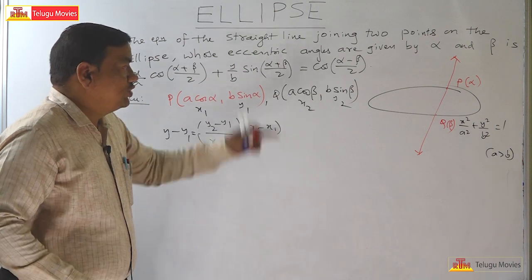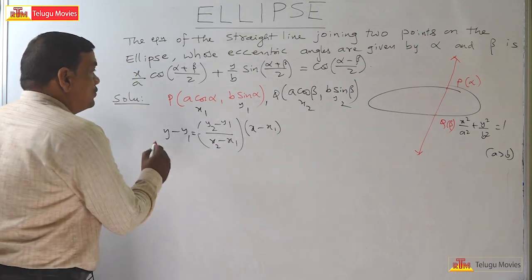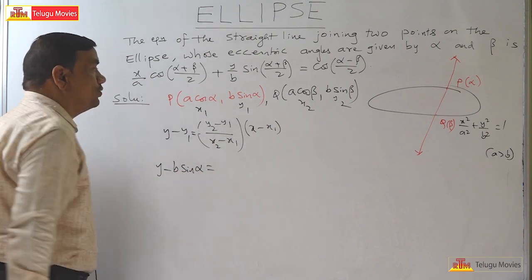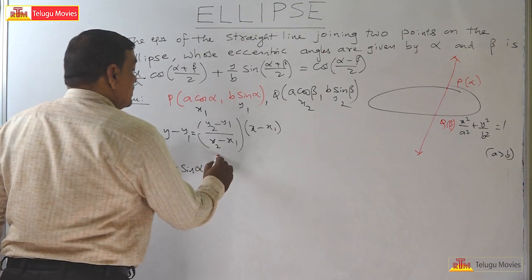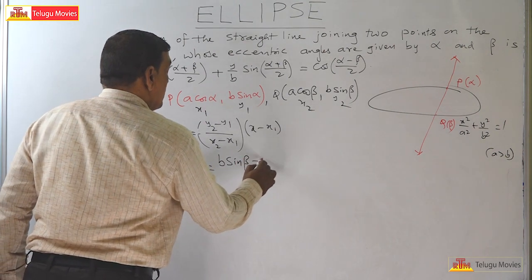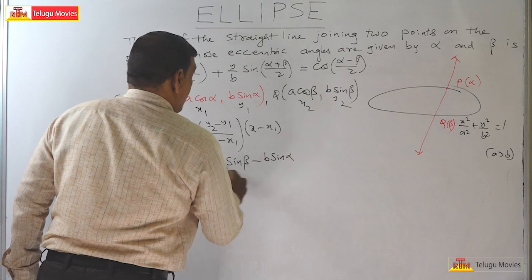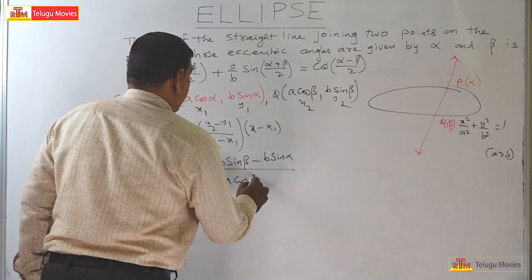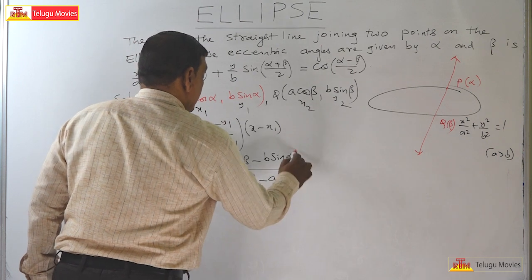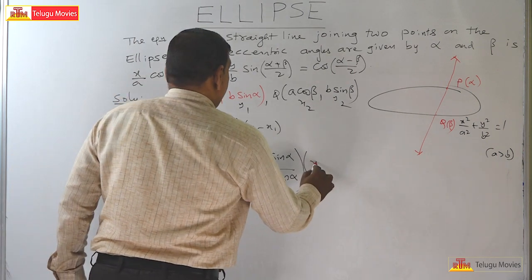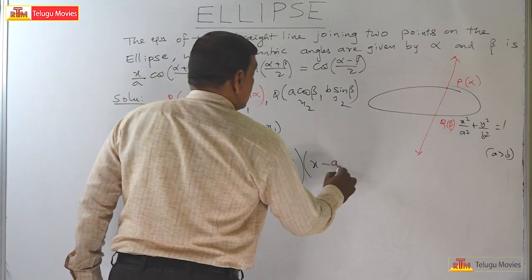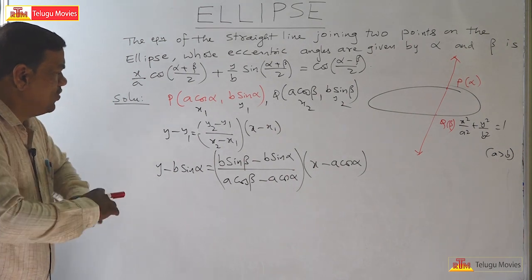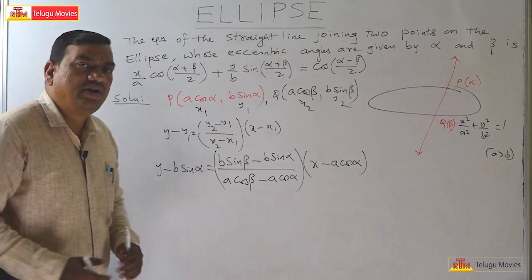Now substitute these values: y minus b sin alpha is equal to (b sin beta minus b sin alpha) by (a cos beta minus a cos alpha), times (x minus a cos alpha). Understand this? So the geometry part is almost over.